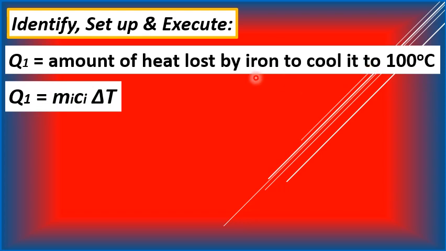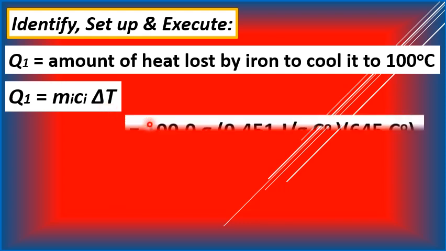And we apply the formula Q sub 1 is equal to mi Ci delta T. This means that the heat that will be liberated by the piece of iron can be determined just by multiplying its mass by its specific heat and its change in temperature delta T.